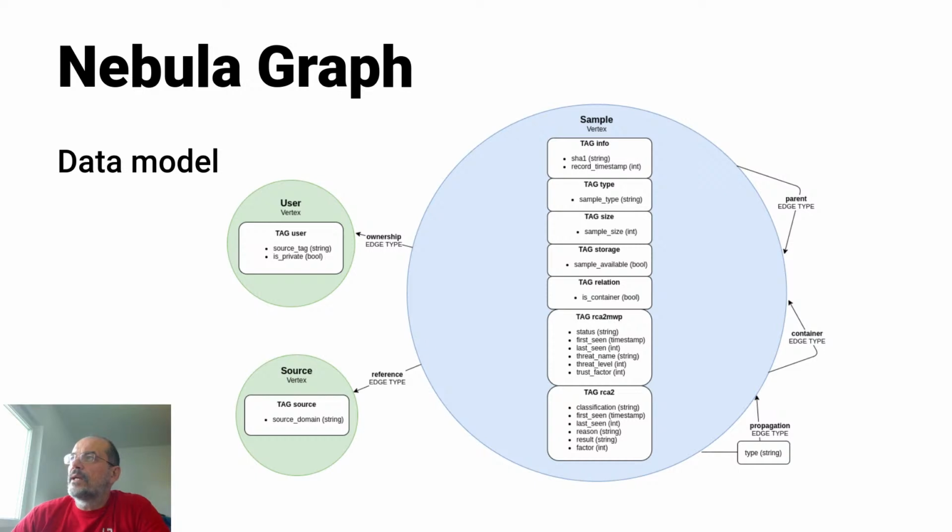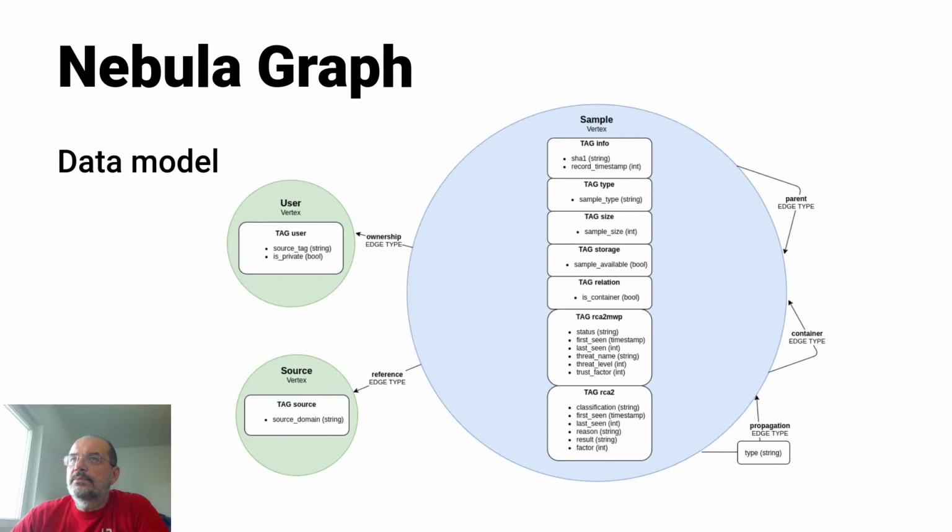For tags, we have here some attributes, the main information for the file. Files are represented with the SHA-1 hash representing the file itself.